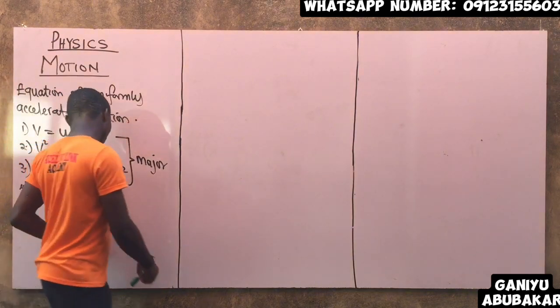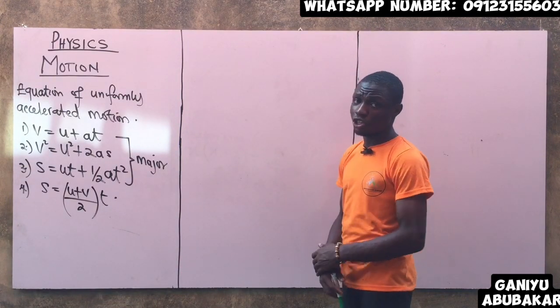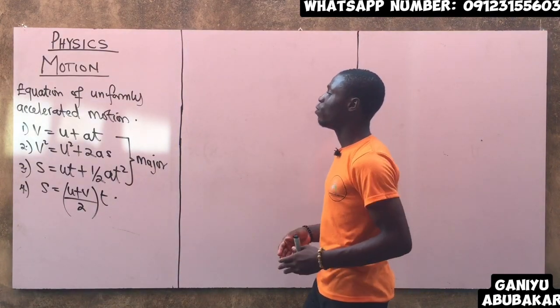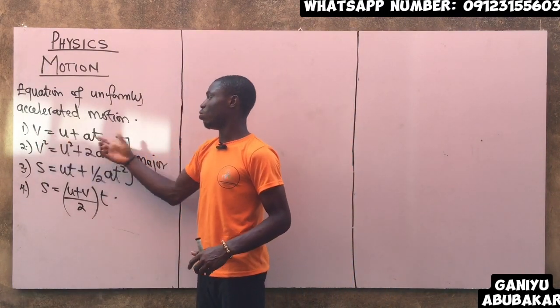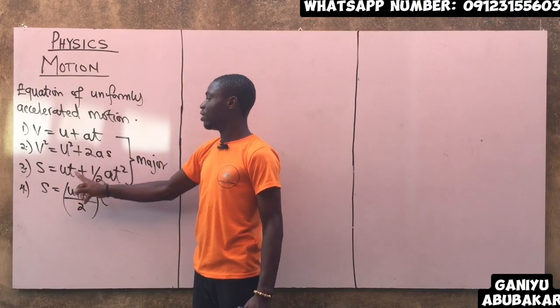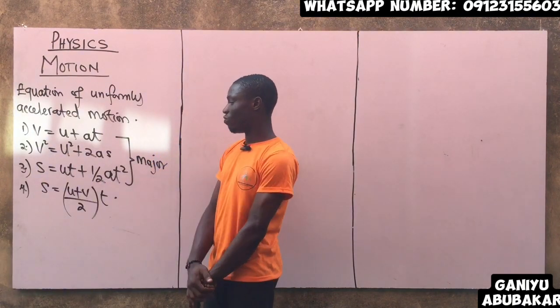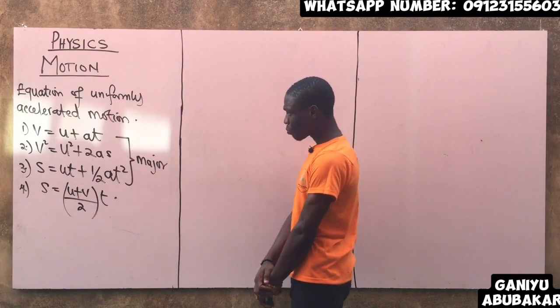It's like the fourth formula for the equation of motion, or perhaps we call it the equation of uniformly accelerated motion. So v is equal to u plus at, v squared is equal to u squared plus 2ax, x is equal to ut plus 1 over 2 at squared, and that is equal to this, right?